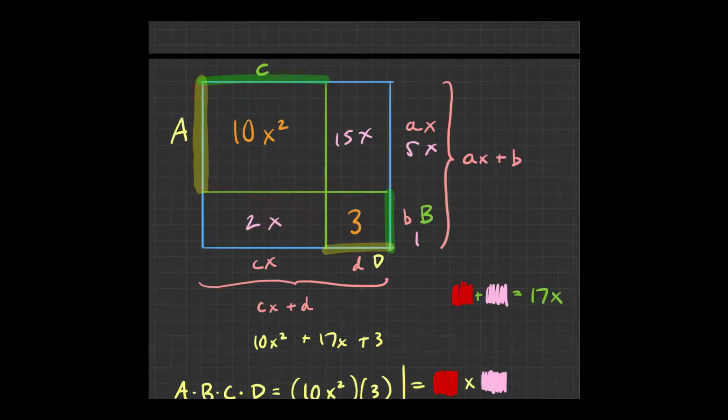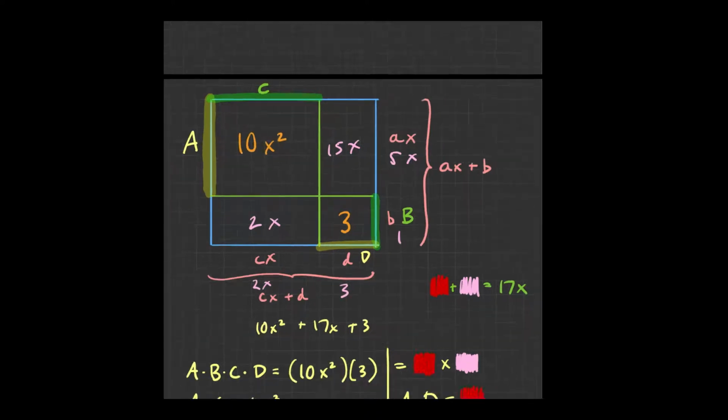Yeah, it'd be 2x, because the whole area is 10x squared, and one of the sides is 5x, which makes this other side 2x. And also, finally, if this is 1, then what is this side going to be if the whole area is 3? It's going to be 3.